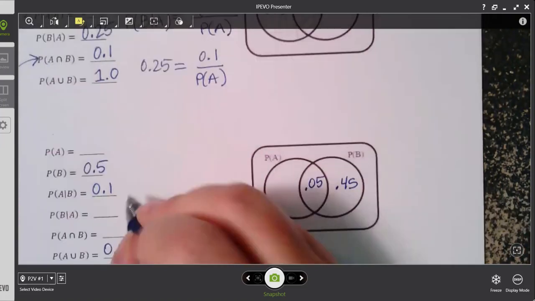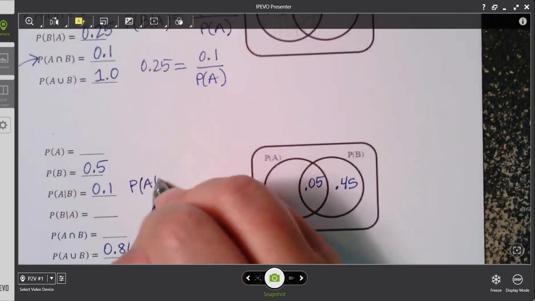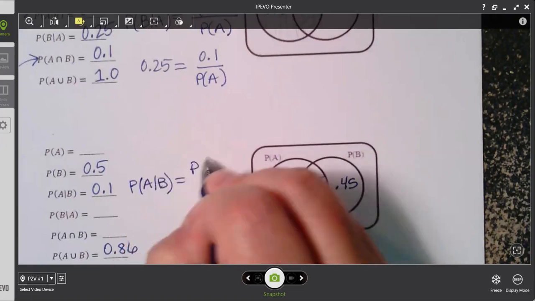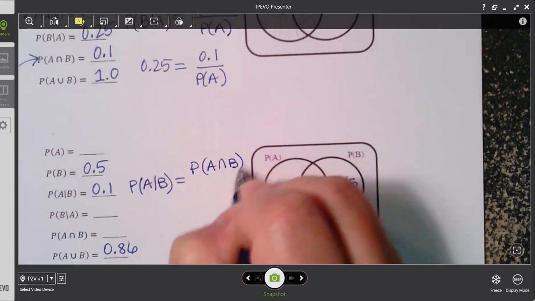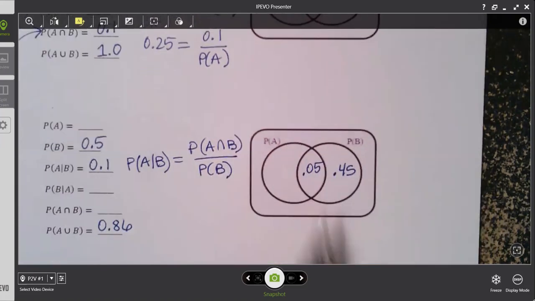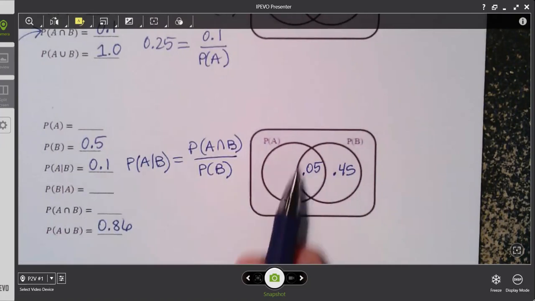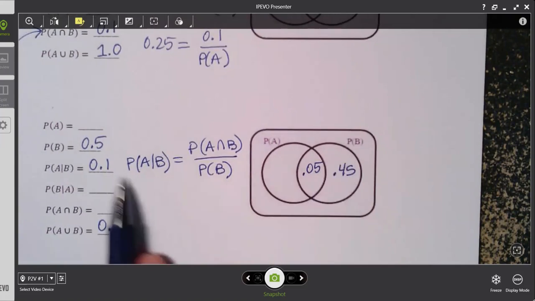I could use the equation P of A given B is the probability of being in both divided by the probability of being in B. So in other words, this divided by this has to give me 0.1. I'm sorry, this divided by this whole thing, not by this. This divided by the entire thing has to give me 0.1.